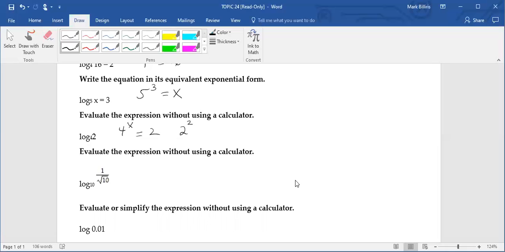So I still have that existing exponent x. So 2 raised to the 2x power will equal 2. And the exponent here, of course, is 1. So once I have the bases the same, what I'm going to do is set my exponents equal to one another and solve. So my answer would be 1/2.